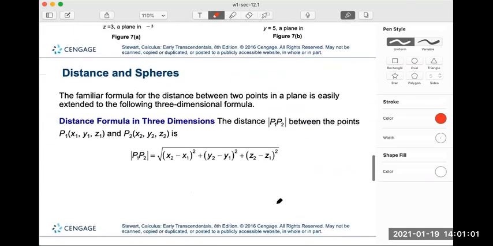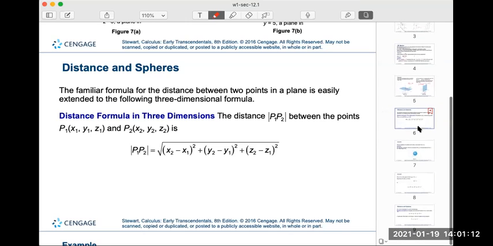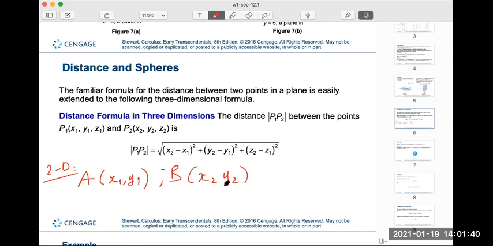Let us continue. And the last thing we want to talk about is the distance and spheres. Okay, remember, in 2D, we have the distance between, suppose the point A has the coordinate (x1, y1) in 2D, and the point B has the coordinate (x2, y2).